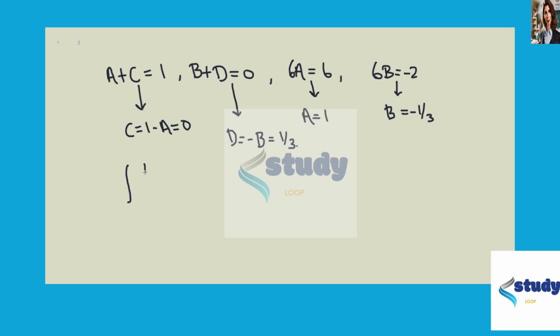Now let's plug in these values for a, b, c, and d into our partial fraction decomposition. And we have 1 over x, minus 1/3 over x squared. That was for b. And then c was 0, and then d was positive 1/3. Now we could go ahead and write this as 3 separate integrals.